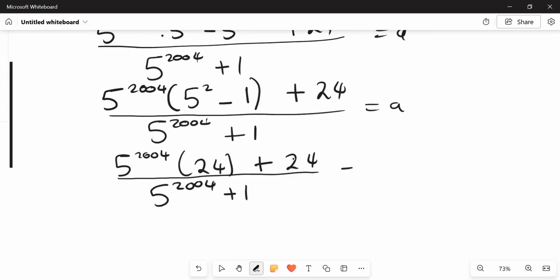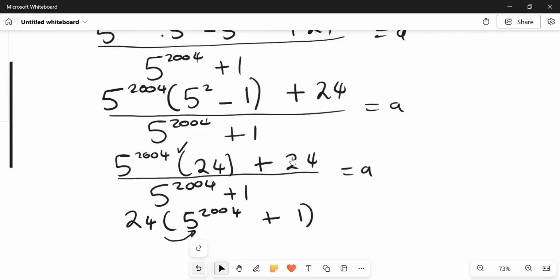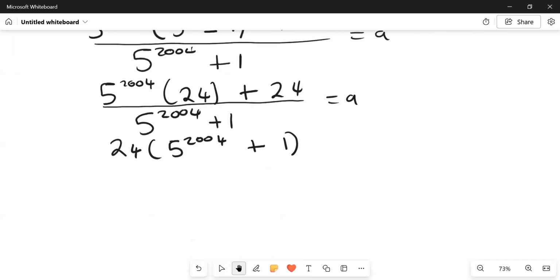Now there's a common factor of 24 there. Let's take out that common factor. You have your 24 left with your 5 to the 2004 plus 1 there, so that when you multiply this back, you get that as well as 24. I hope it makes sense. And then from here, let's not forget our denominator and the right-hand side.